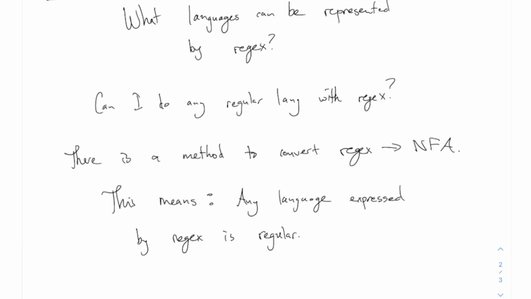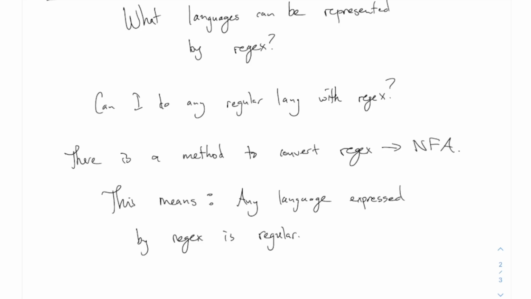So, if you believe me, and it's not hard to do, this method to convert a regular expression to an NFA, just the fact that such a method exists means that anything you can do with a regular expression can be done on an NFA. Which means any language expressed by a regular expression is a regular language. So in the sense of the languages we've talked about so far, we have DFA and NFA, which have the same expressive power.